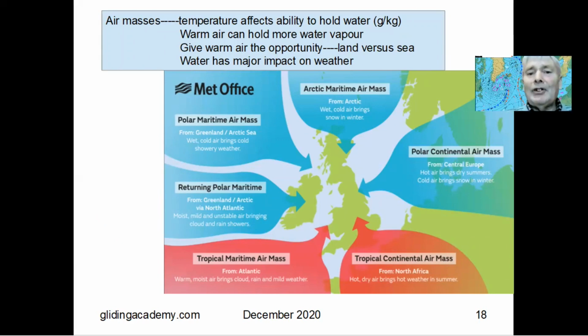Maritime means it came over the sea, and continental means it came over the land. So polar continental is a cool air mass that has been passed mainly over land, and because of that it hasn't got much opportunity to absorb moisture. And it's really that simple.